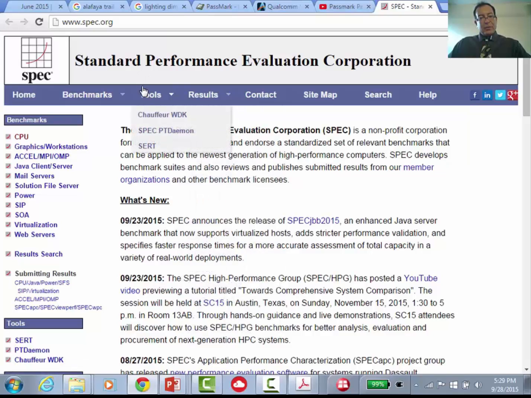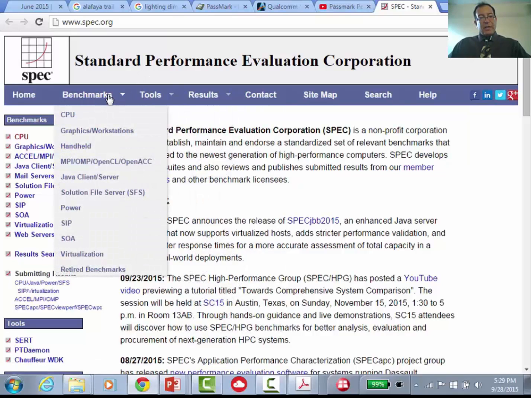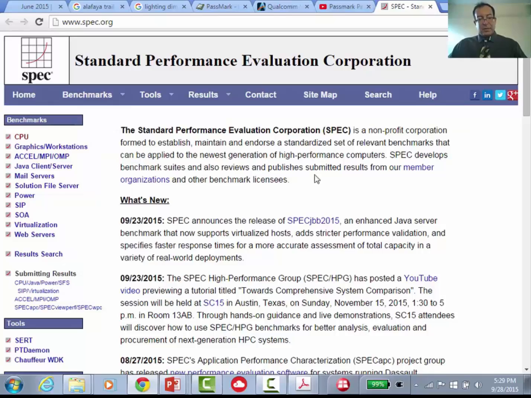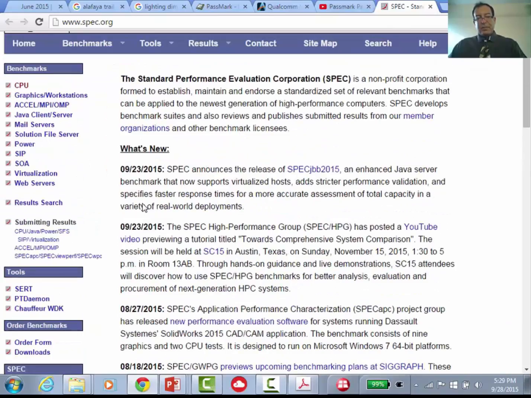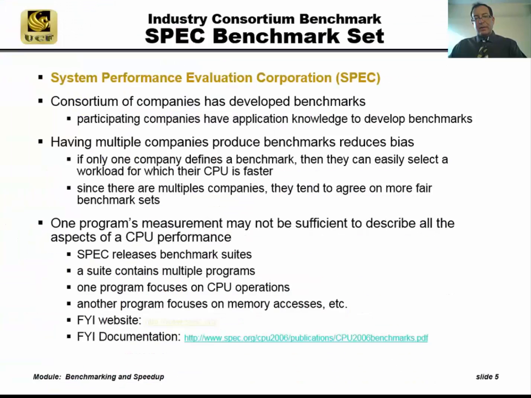And you can run it on your own machine the same way. They have different types of workloads here, and they discuss all these different aspects. A whole bunch of papers here, and this stuff is usually kept up to date. So SPEC is the non-biased version of benchmarking.